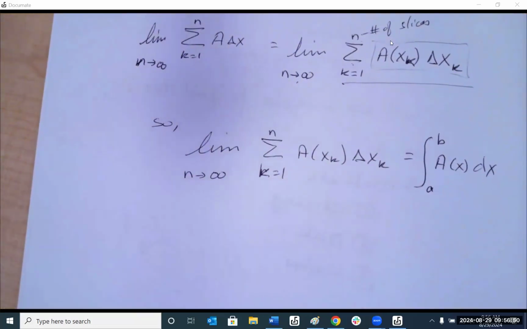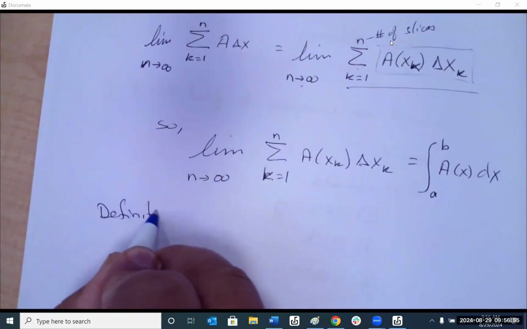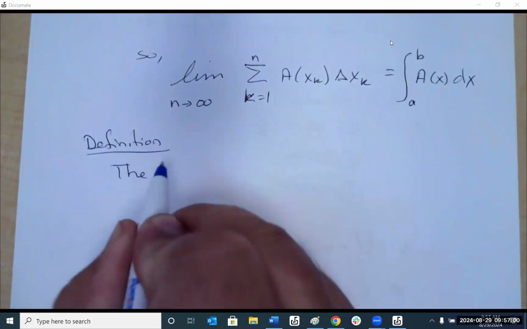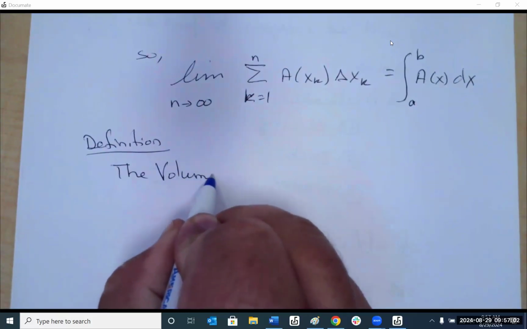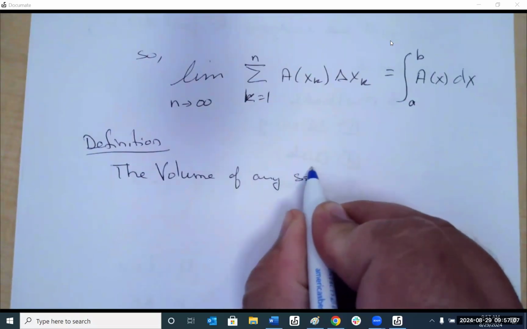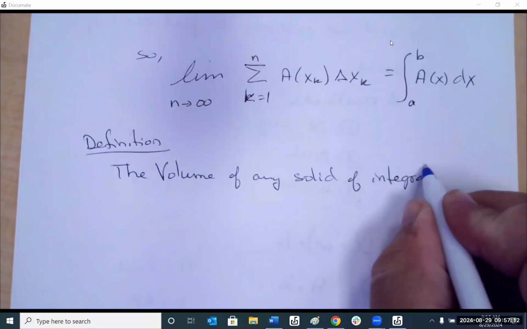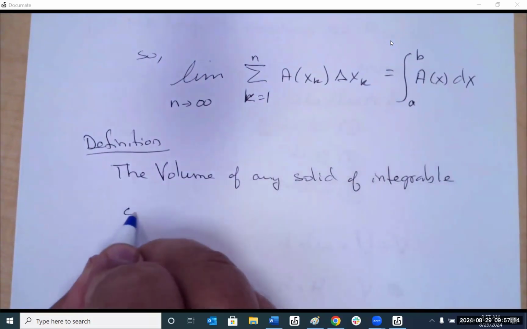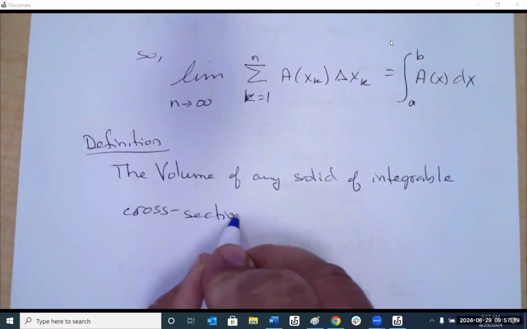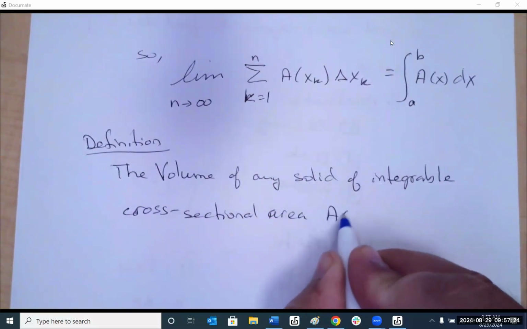So let's look at the definition of the slice technique. The volume of any solid of integrable cross-sectional area A of x.